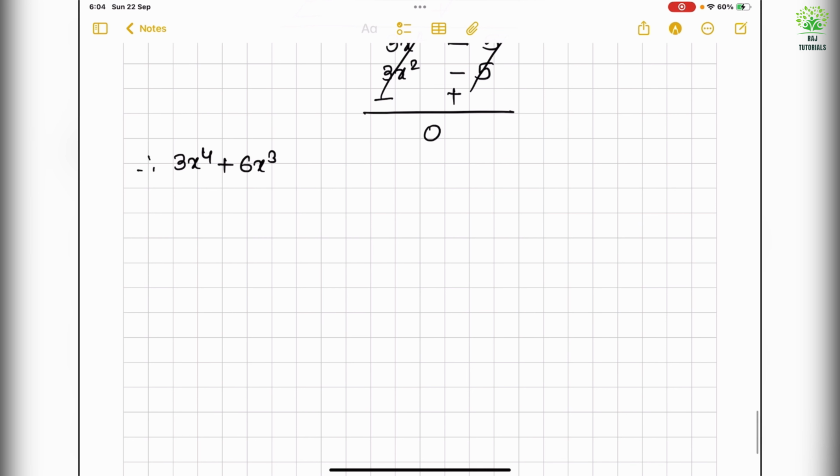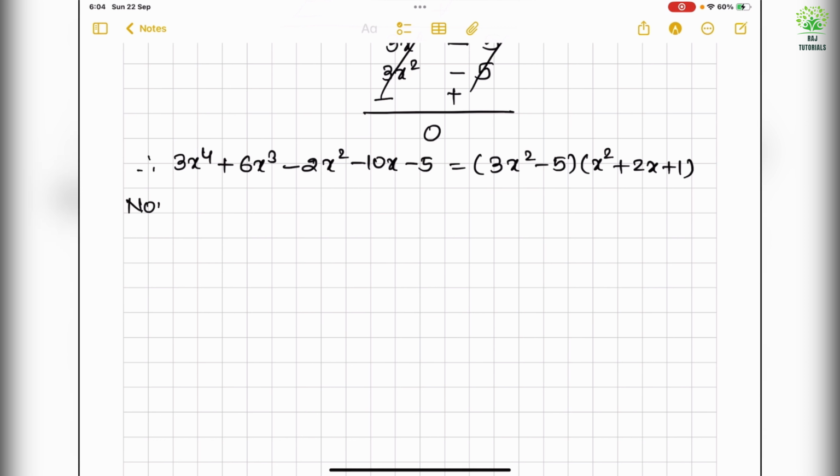Therefore I can say 3x raised to 4 plus 6x cube minus 2x square minus 10x minus 5 equal to 3x square minus 5 into x square plus 2x plus 1.